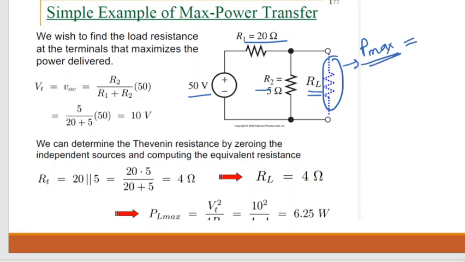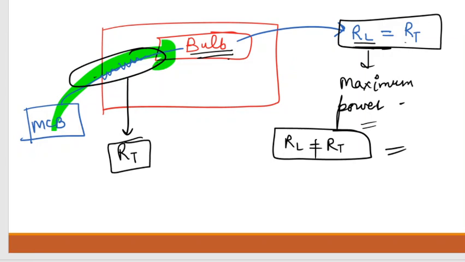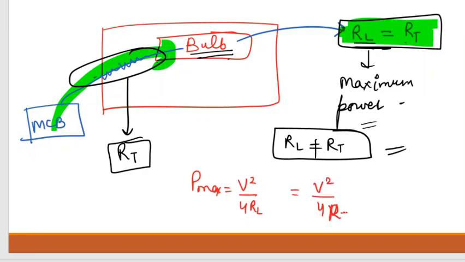So we have one formula for maximum power, that is VT square divided by 4 RL, or we can say VT square divided by 4 RT. Write down these two formulas: one condition for maximum power is this one, and P max is VT square by 4 RL or VT square by 4 RT.